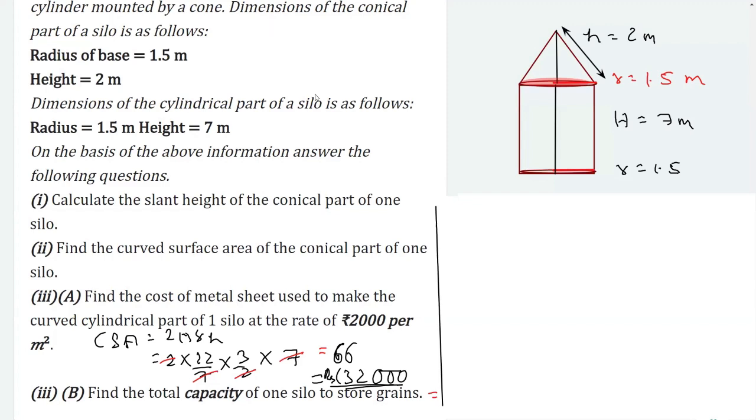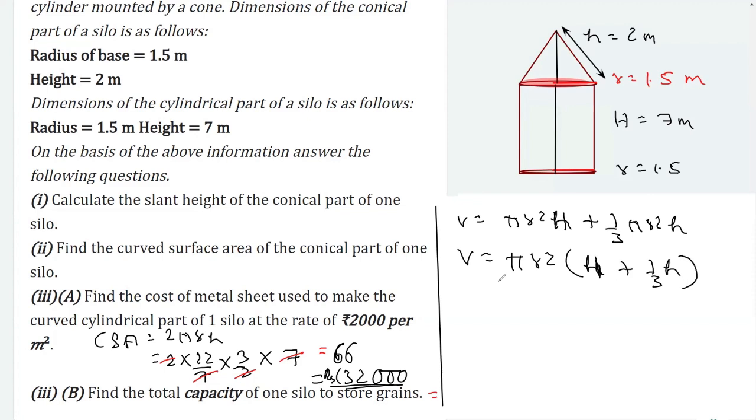It is the combined volume, right? For the third part, the required volume will be the volume of cylinder, which is pi r square h, plus volume of the cone, which is 1 over 3 pi r square h. And we have different h here, so I'll be using capital H for the cylinder and small h for the cone. As per the figure, pi is common and r is the same, right? So I can take pi r square common, capital H plus 1 over 3 times small h.